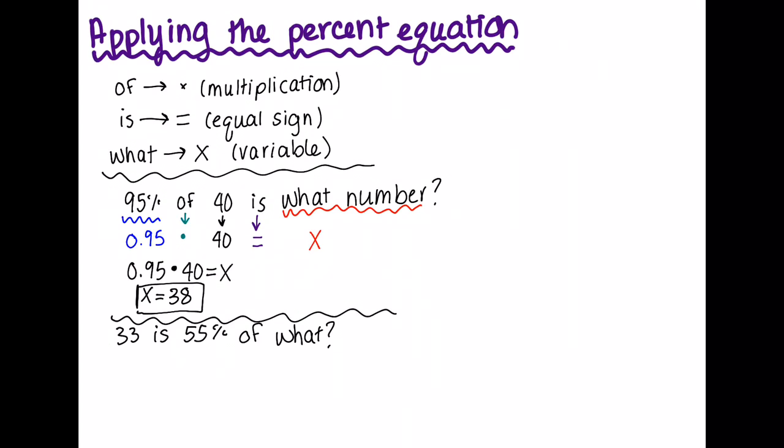So doing a direct translation, 33 comes down, is translates to an equal sign. We will take this 55% and make it into a decimal, so 0.55.